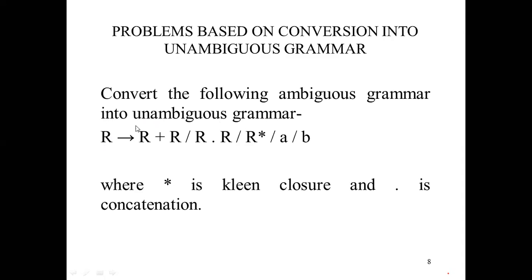Now a need arises to convert this grammar into an unambiguous one. Unambiguous grammar means whenever we draw the syntax tree or the parse tree, we get only one parse tree. So there is a need to update this grammar. How can we update this grammar? We have to change some symbols, or we will provide priority to some operators to get only one tree.